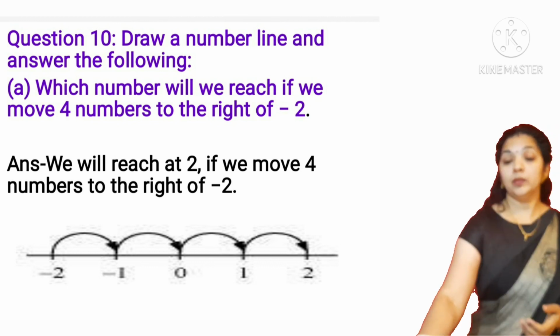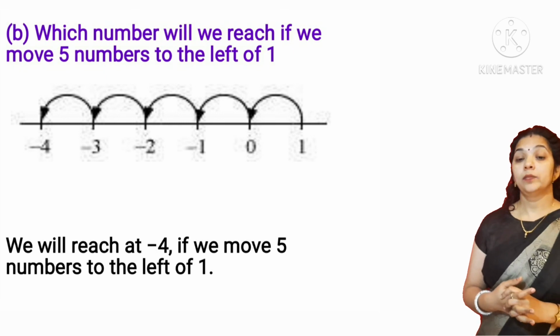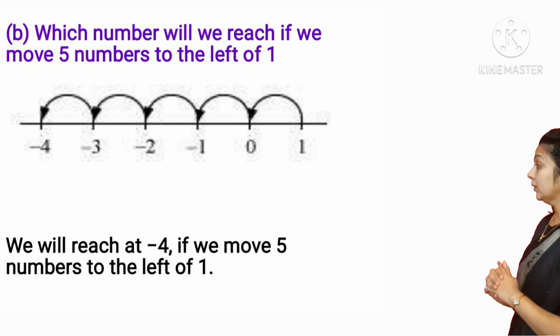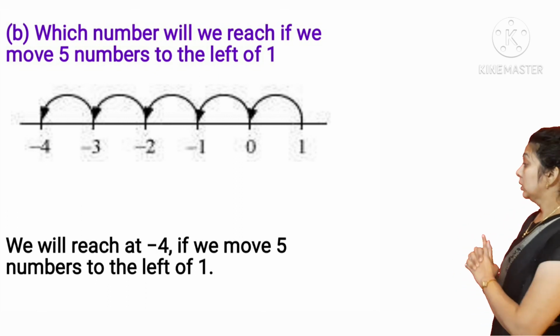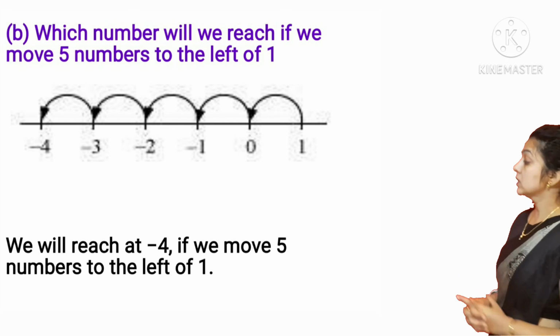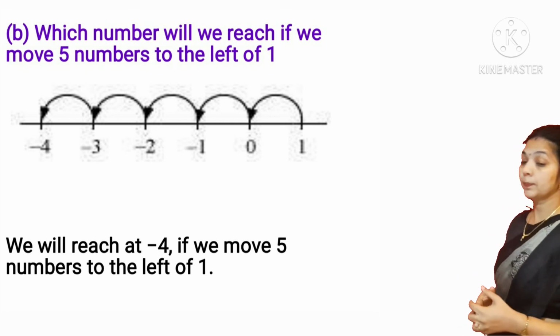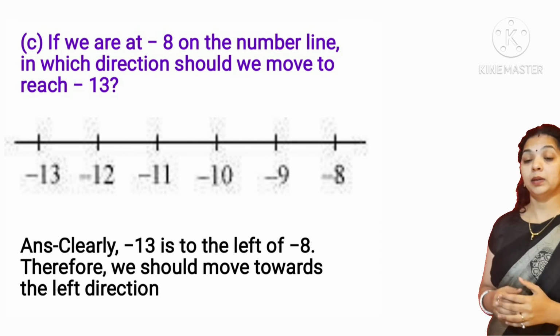Next is which number will be reached if we move 5 numbers to the left of 1. From 1 we have to move 5 steps to the left, so we will reach minus 4. Next is if we are at minus 8 on the number line, in which direction should we move to reach minus 13?